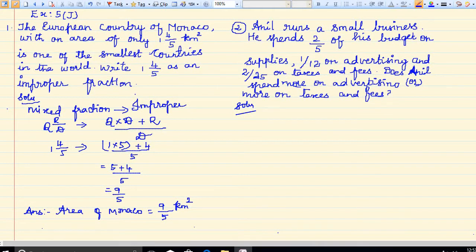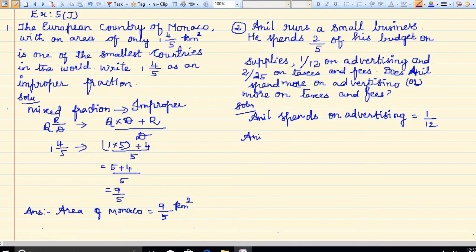See, listen, take this advertising and taxes and fees. Now I am going to write Anil spends on advertising. Anil spends on advertising is equal to 1 by 12.